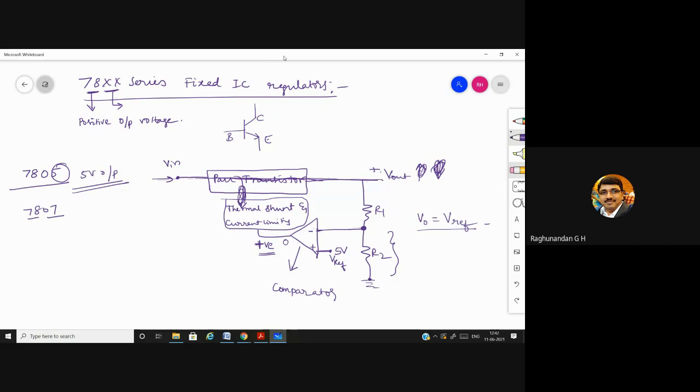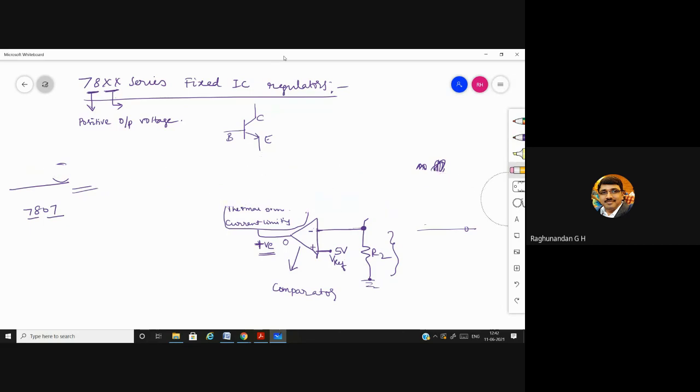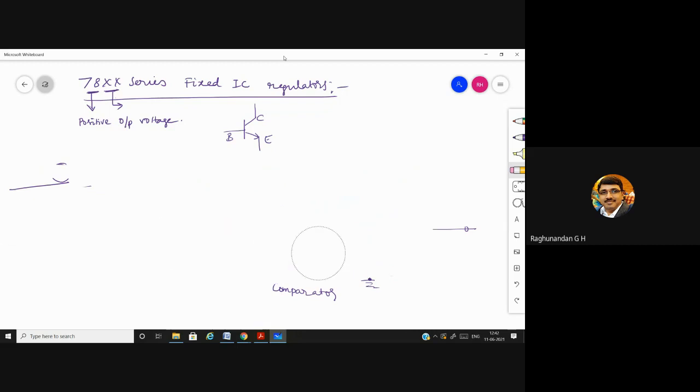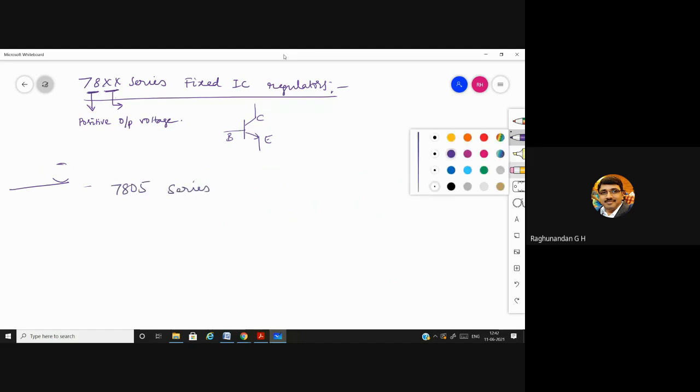So this is the process of how it actually works. Coming to the last topic, we are going to study a small 7805 IC. That is the only IC we have in our syllabus. The 7805 series fixed IC voltage regulator.